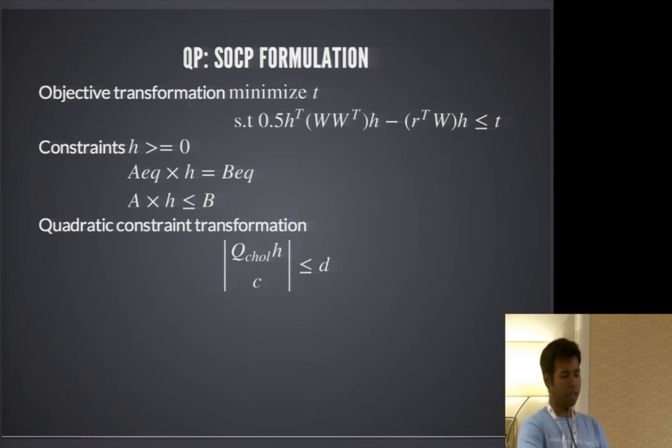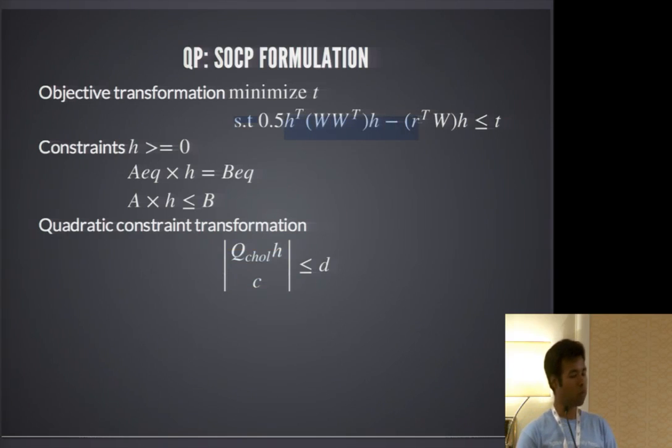This SOCP formulation shows how we take a quadratic problem and translate it into a SOCP formulation. What we do is transform the problem into a quadratic constraint, and the main trick is that we do a Cholesky transformation in a way that the Cholesky factor transpose times the Cholesky factor gives us back this quadratic constraint.